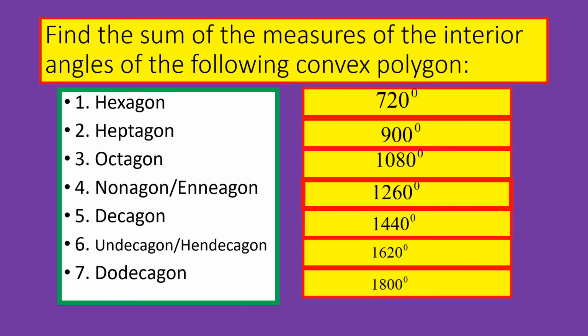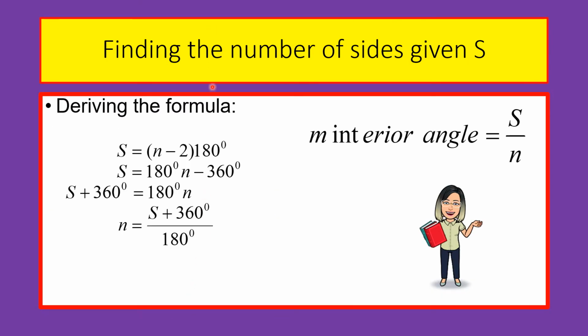1800 degrees. We need to find the number of sides of the polygon given S, where S is the sum of the measures of the interior angles of a convex polygon. Deriving the formula, S equals n minus 2 times 180 degrees.